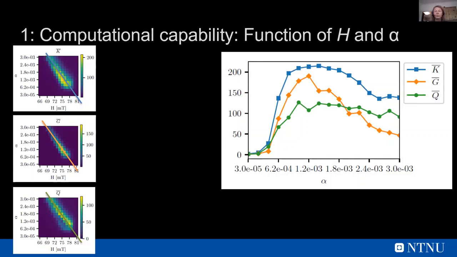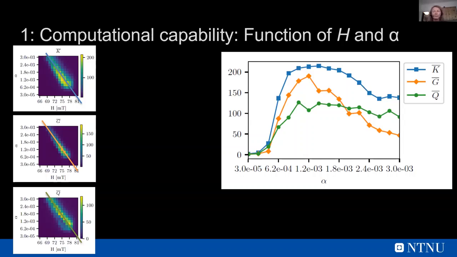What we have done on the plot there is to take each of these ridge lines and plot them as a function of the alpha value, to see how the different parameters influence computation.